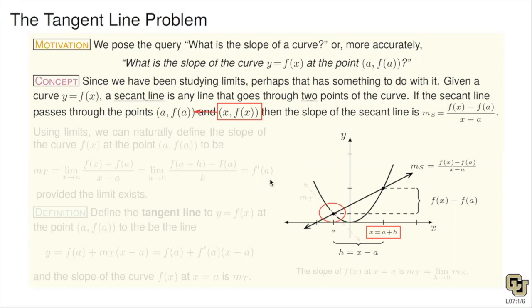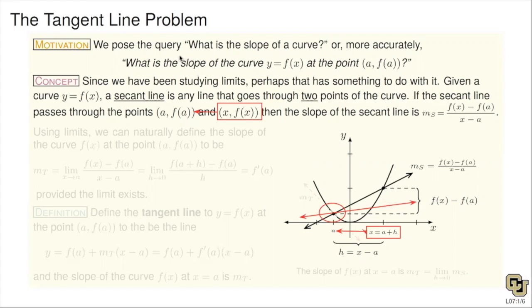So I'm making x closer and closer to a, and you should think about what happens to the secant line. Maybe this is the next secant line as I'm making x closer and closer to a.